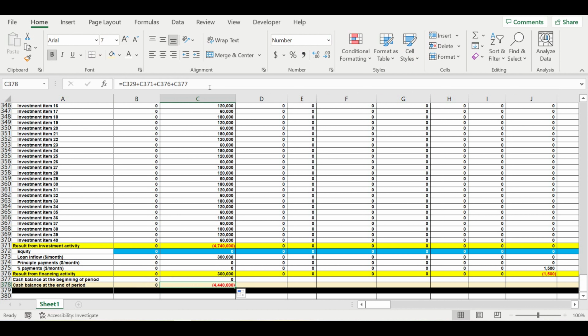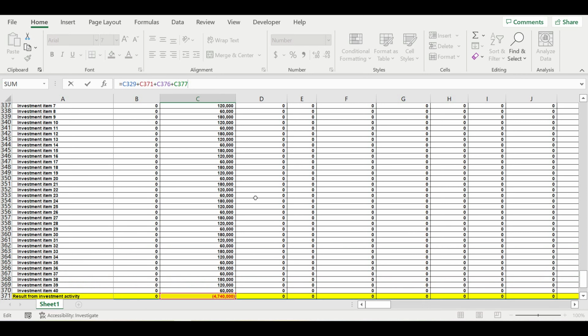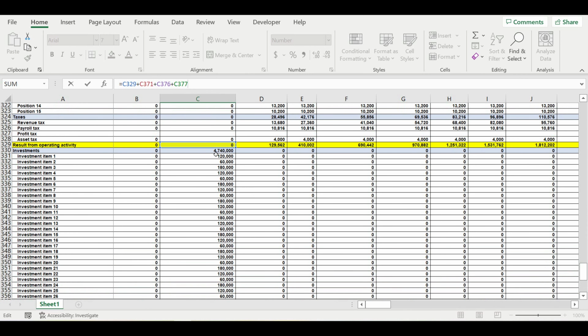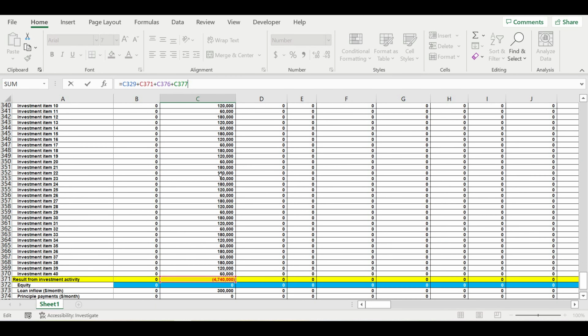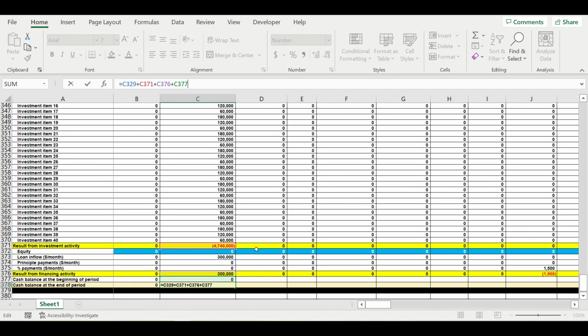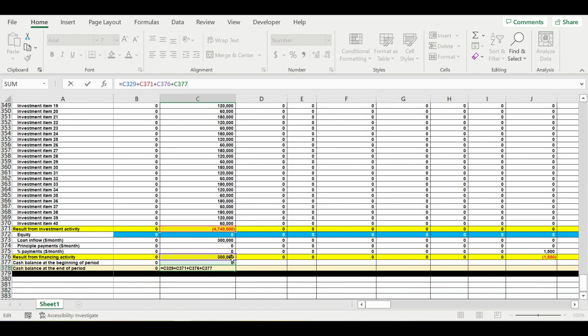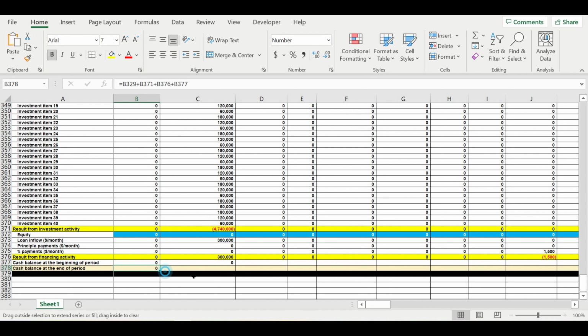So we have the totals from operating activity, investment activity, financing activity plus cash balance coming from the previous month. Then we press enter and extrapolate this formula to the right, and we are extrapolating both cells also to the right.